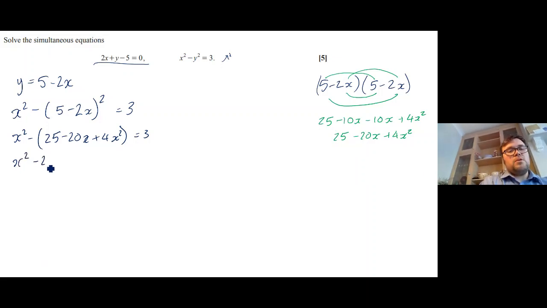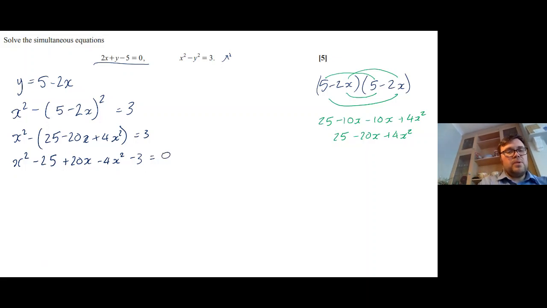x squared minus 25 plus 20x minus 4x squared, and I'm going to bring the 3 over, minus 3 equal to 0.